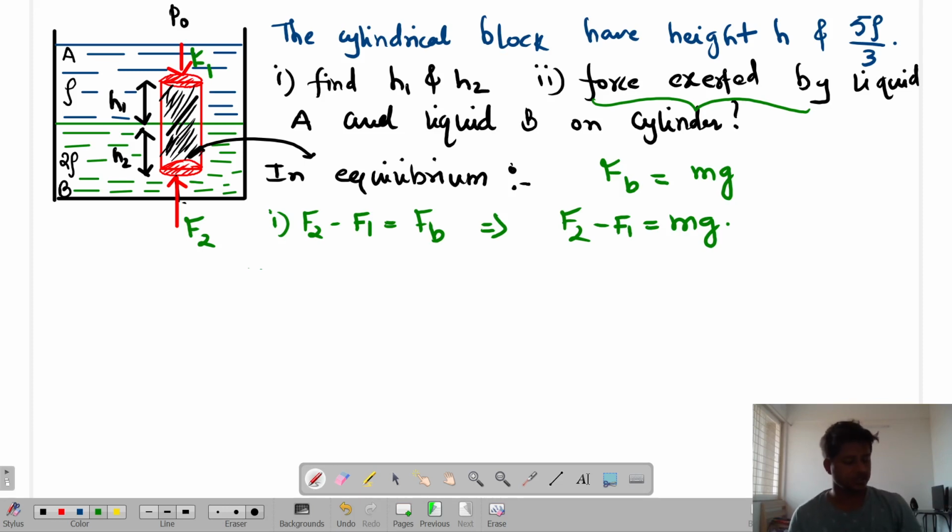So the point is, we will not be able to find it out this way. How can we find it out? Then what are H1 and H2? How to find them?